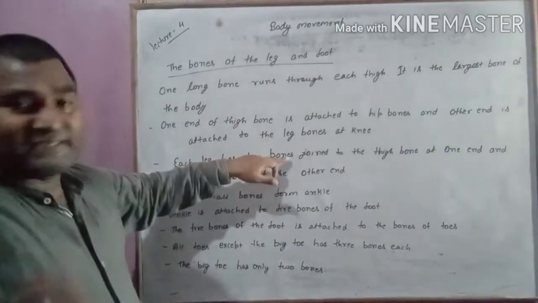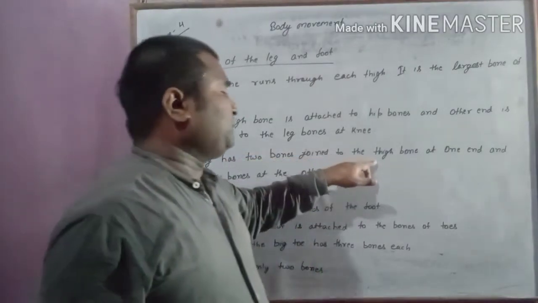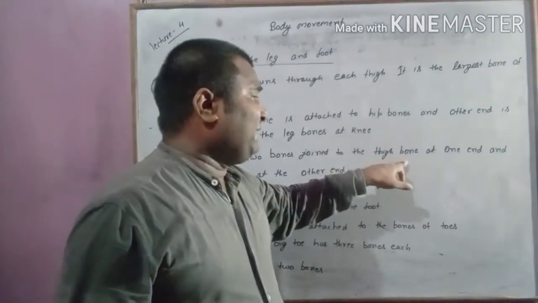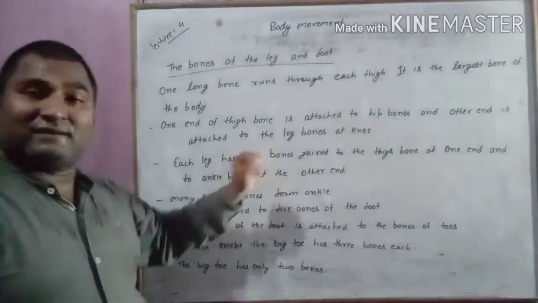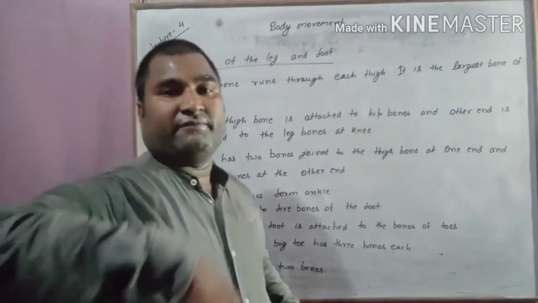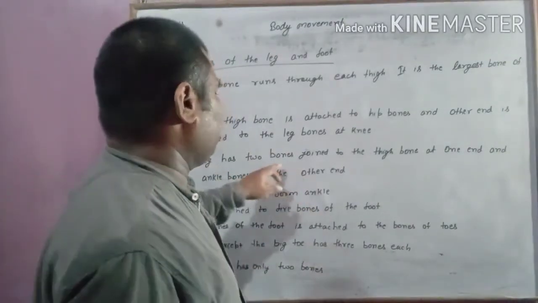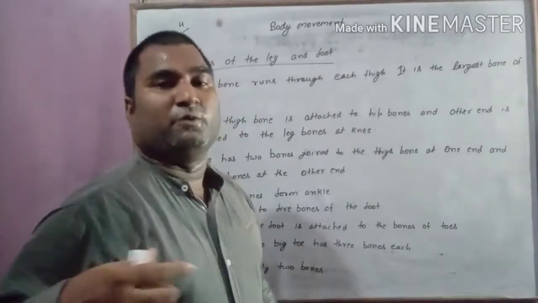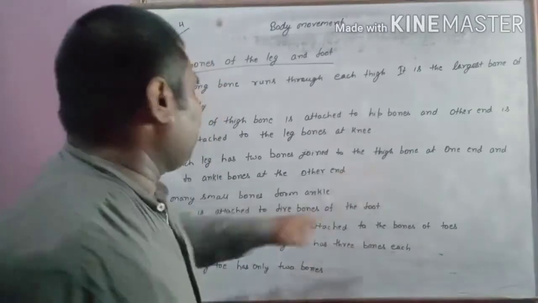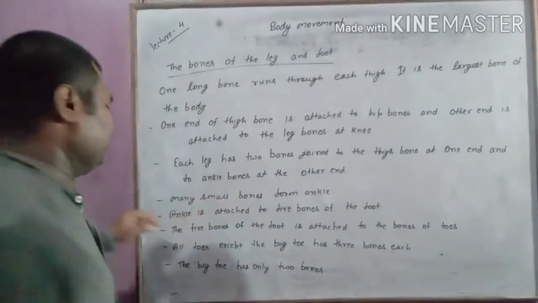Each leg has two bones joined to the thigh bone at one end and the ankle bone at the other end. Means where the knee is, one end is attached to the thigh bone, means the upper bone, and the other end is attached to the ankle bones.